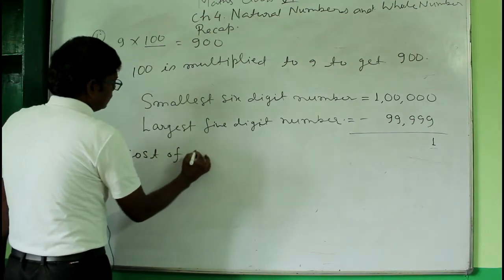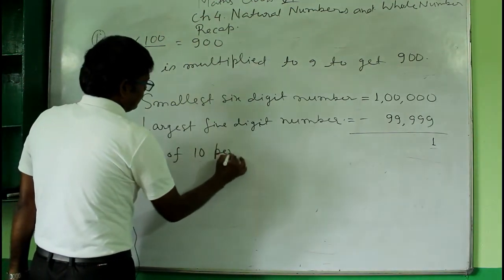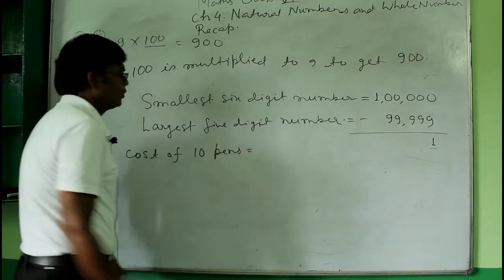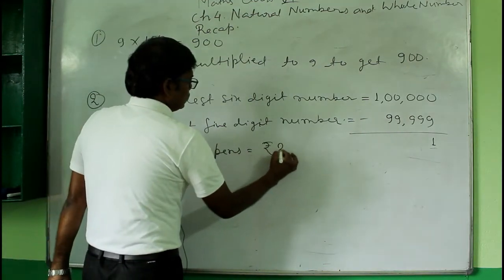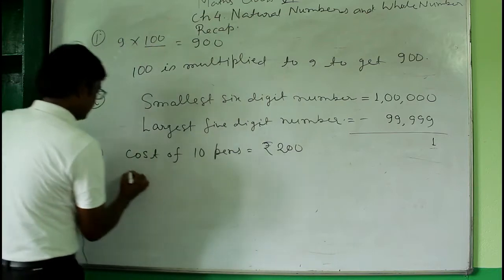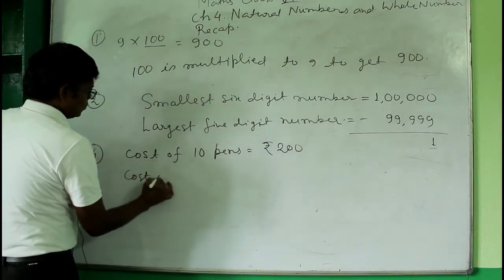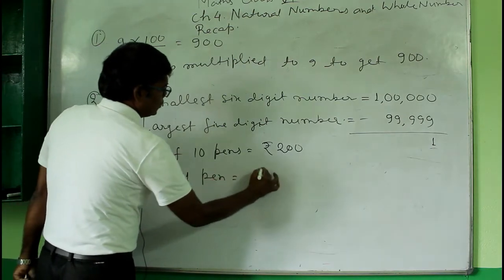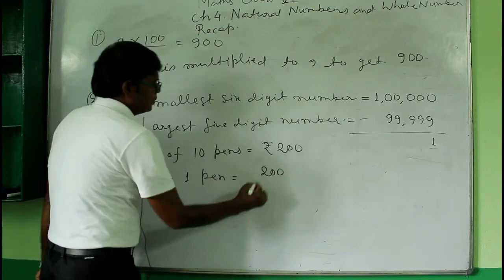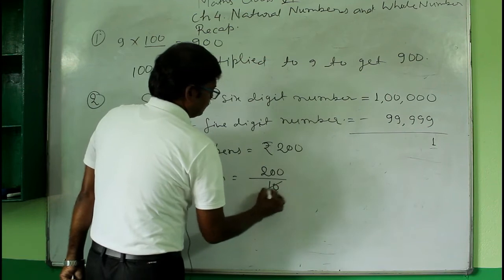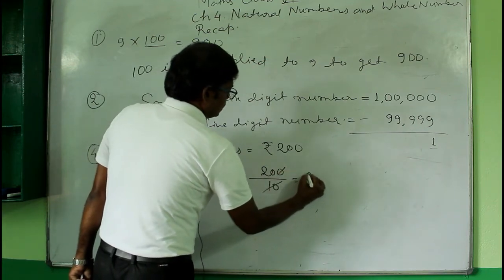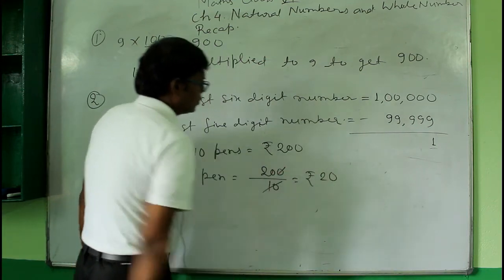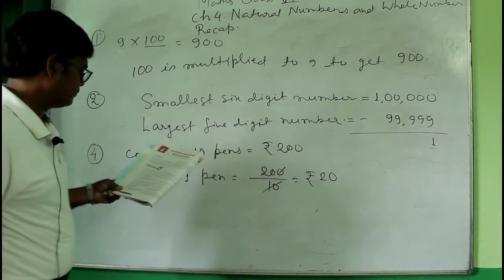Cost of 10 pens equals rupees 200. Then find the cost of 1 pen, equal to 200 divided by 10. So rupees 20 is the cost of 1 pen.